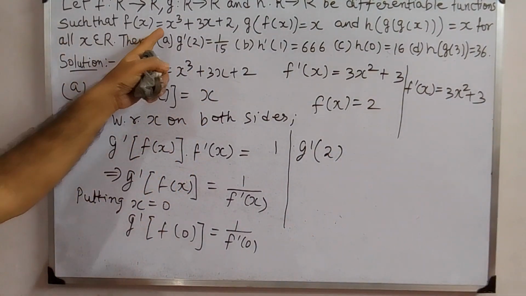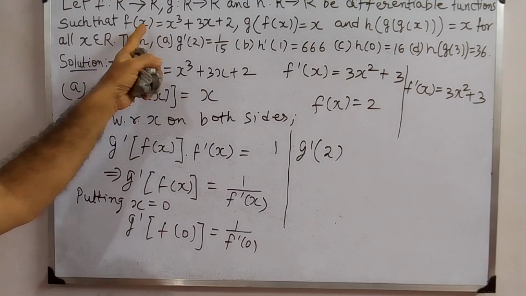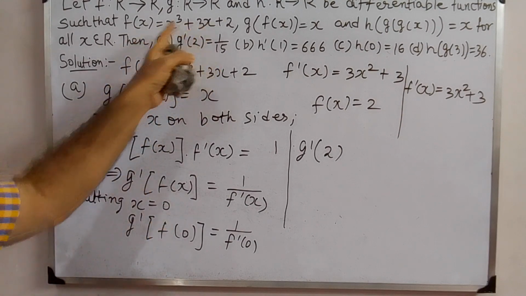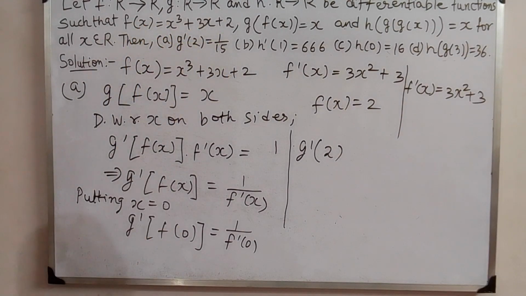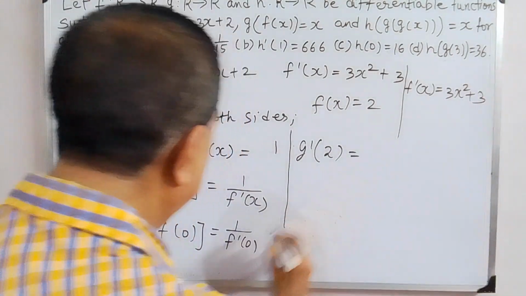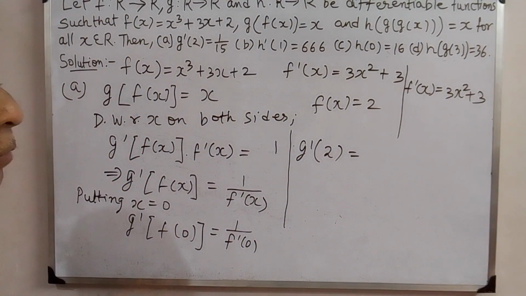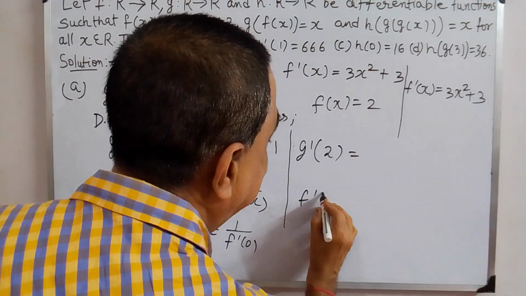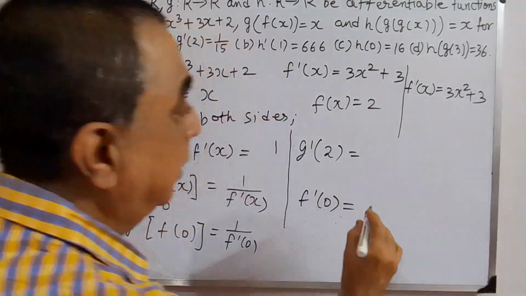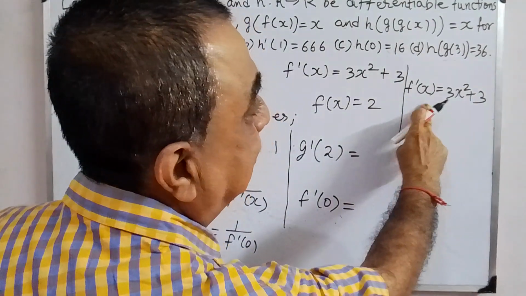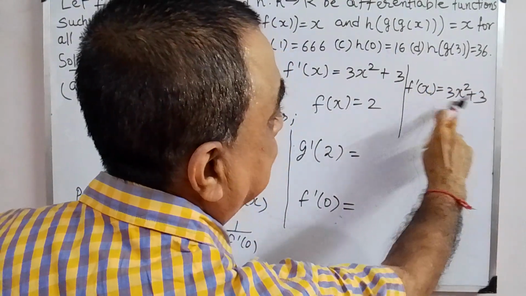f(0) is 2. If you put the value x equals 0 in f(x), you will get f(0) equal to 2. So g dash 2 is equal to 1 by f dash 0. f dash 0 means putting the value x equals 0 in f dash x.